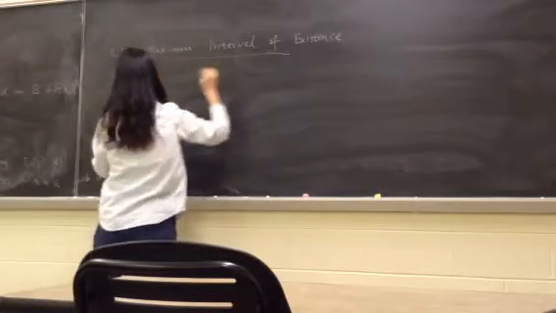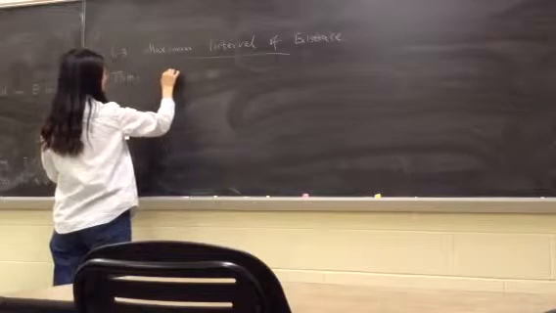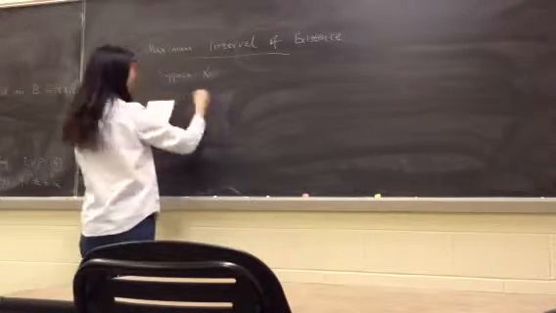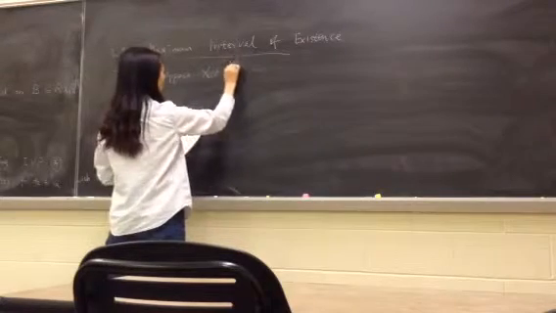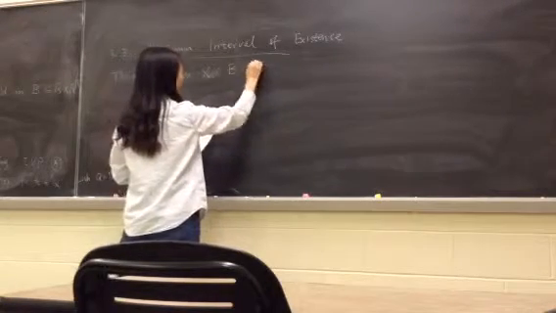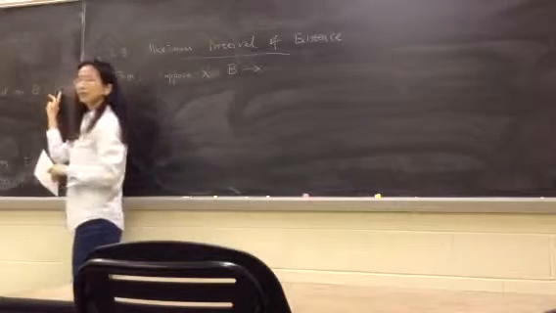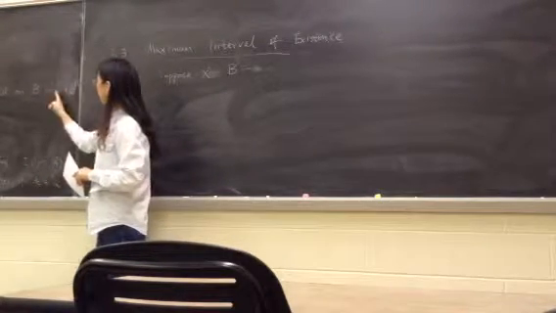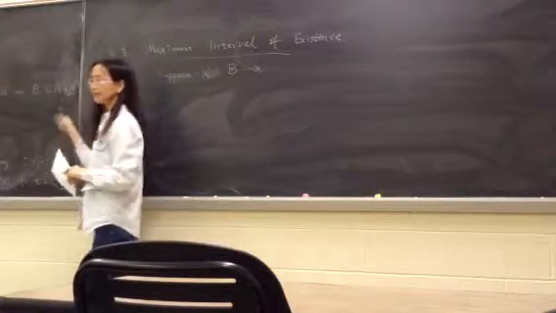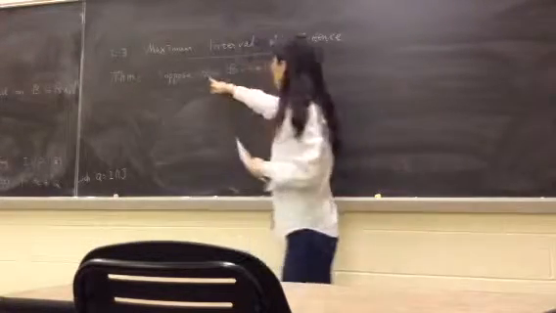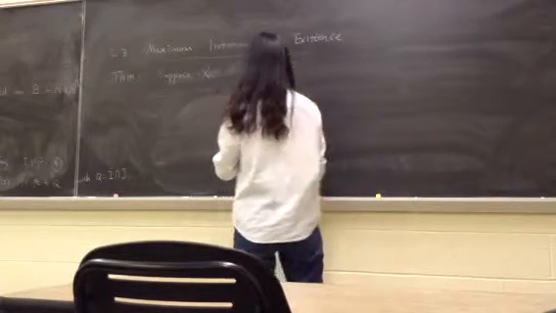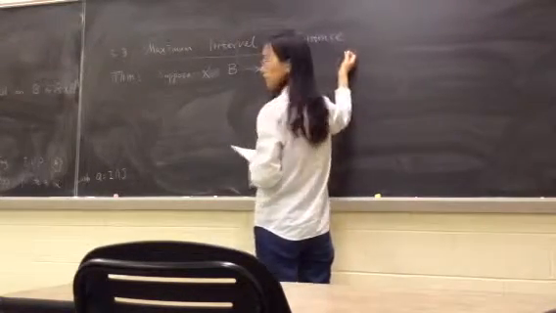Suppose X, which is the vector field here, from B, which is a subset of R cross Rn. So the vector field is a time-dependent vector field.